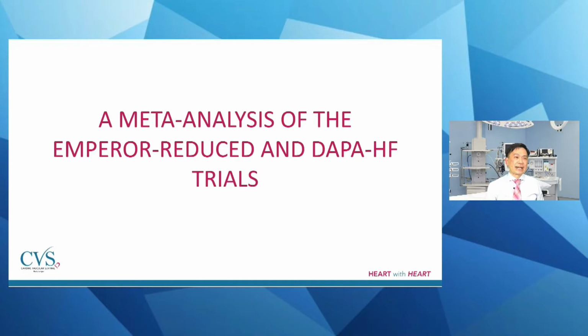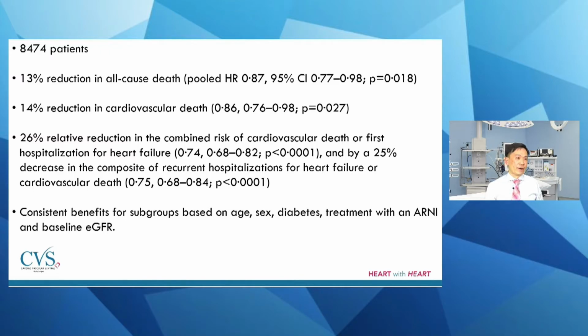Now, there is a meta-analysis of the two trials, the EMPEROR-reduced and the DAPA-HF trials, because they are relatively similar groups. So the pooled number of patients is about 8,500 patients. It showed a 13% reduction in all-cause death, a 14% reduction in cardiovascular death, and importantly, a 26% reduction in combined cardiovascular death or first hospitalization for heart failure, and a 25% decrease in the composite of recurrent hospitalizations for heart failure.